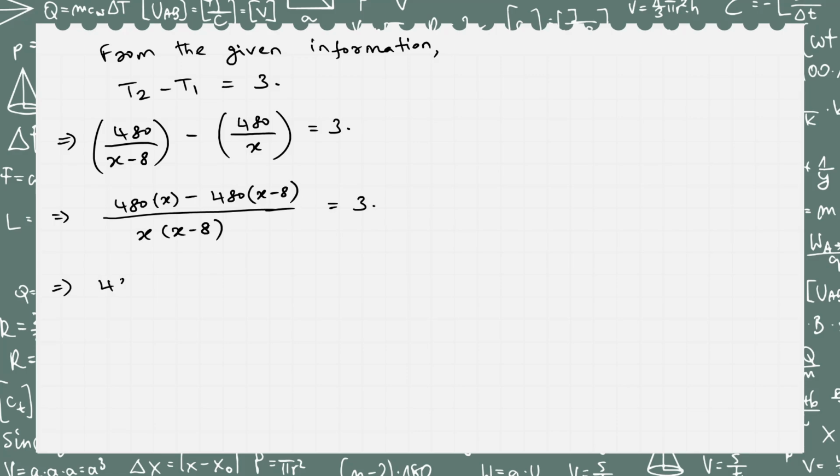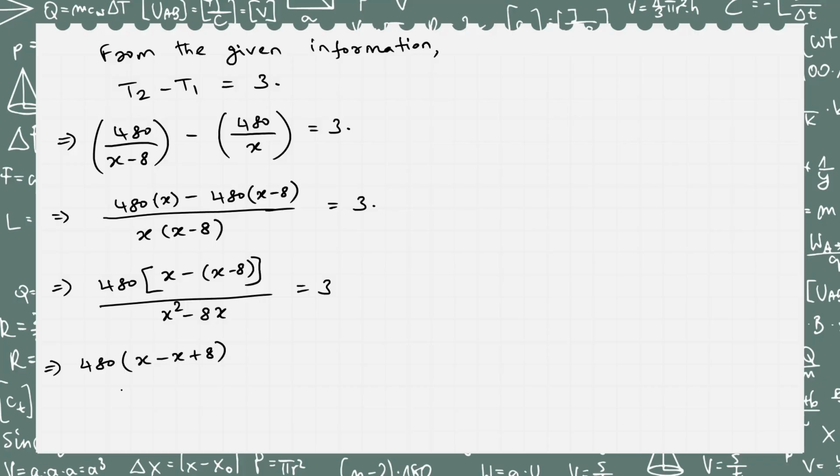Now we can take 480 common in the numerators and we get x minus of x minus 8 divided by this we can multiply x square minus 8x. This is equal to 3, right? That implies 480 into x minus x plus 8 divided by x square minus 8x equal to 3.